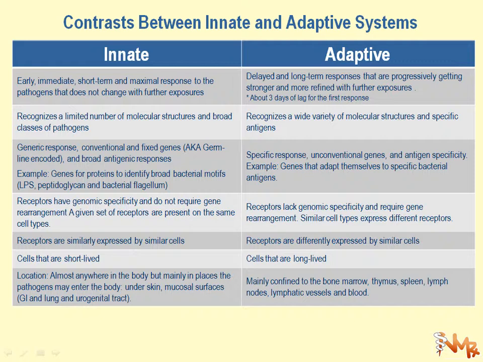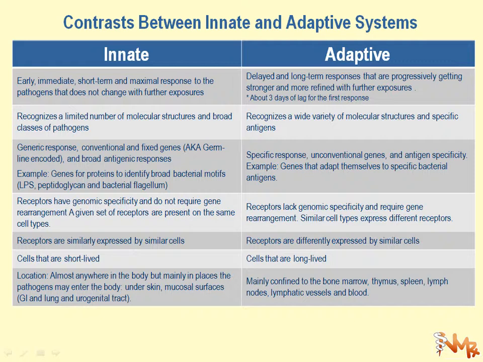Receptors of adaptive cells, such as B cells or T cells, are differently expressed by similar cells. Innate cells are short-lived, whereas the adaptive cells have a longer life. And as we're going to see later, some of them live as long as the individual lives.